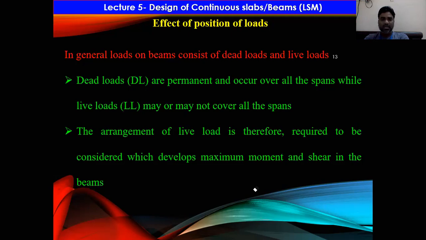So live loads may or may not cover all the spans. Therefore, the arrangement of live load is required to be considered, which develops maximum moment and shear force in the beams, right? As I told just now, dead load is present in all the cases. Only you have to vary the live loads to get the maximum shear force and bending moment.